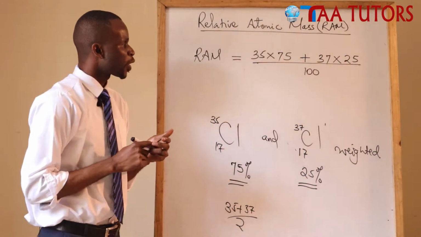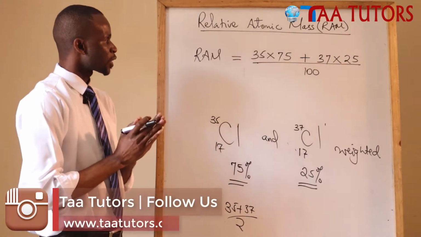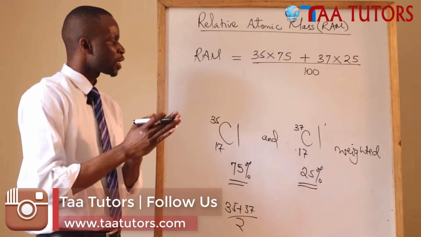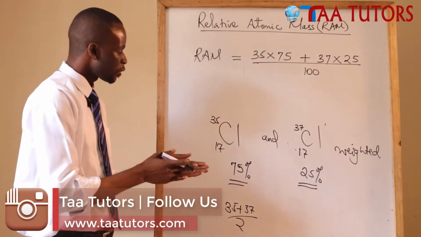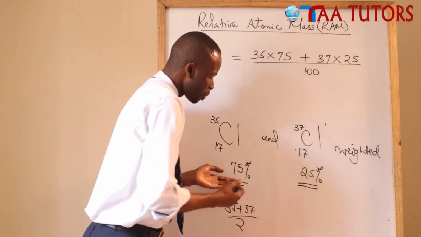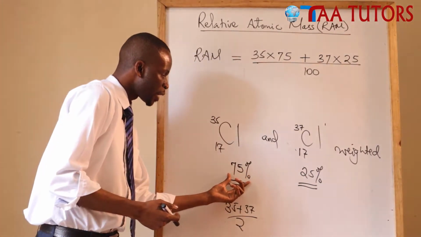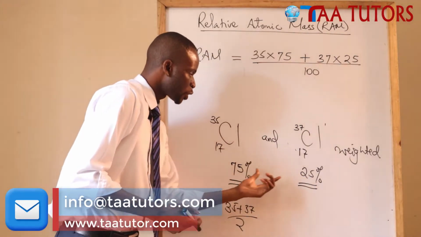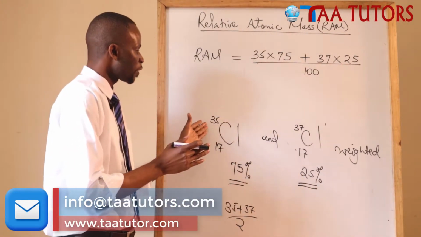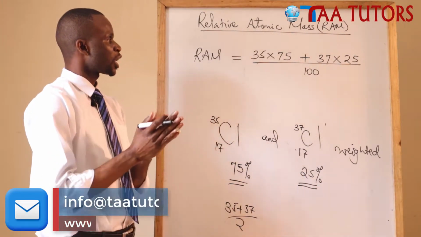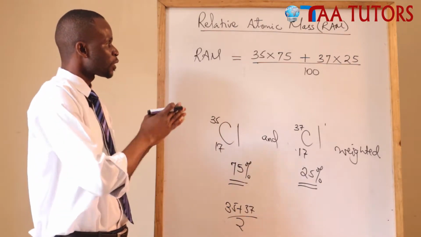If you want to get the relative atomic mass, the word relative means we have to bring in that element of comparison using the percentage abundances given to us here. We don't just say 35 plus 37 over 2, assuming it is 50-50. Here we have 75 and 25.